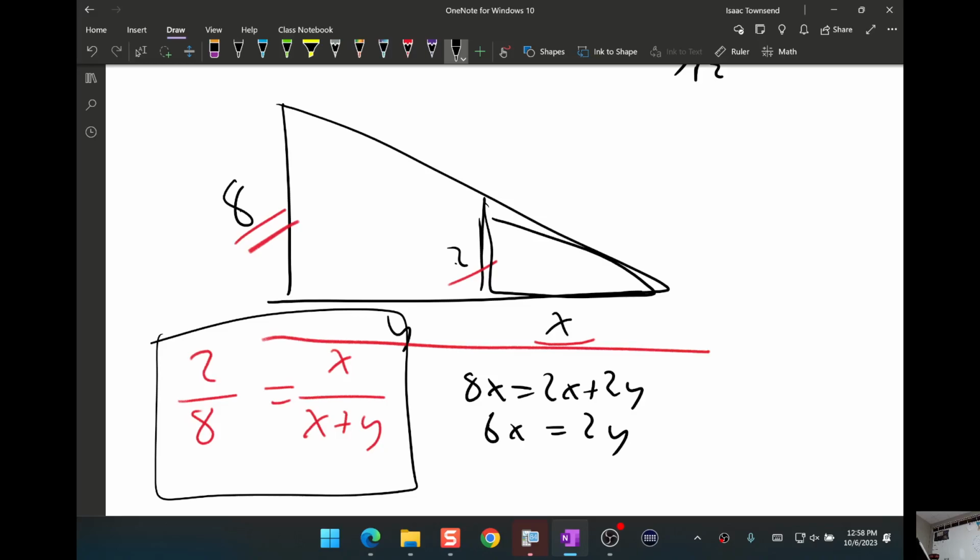So when you're looking from theta, what's the adjacent side? 4. And the hypotenuse? 5. So the cosine of theta is 4/5. It's not cosine of 4/5. It's cosine theta is 4/5. Okay, that makes so much more sense. That's why I'm so confused.